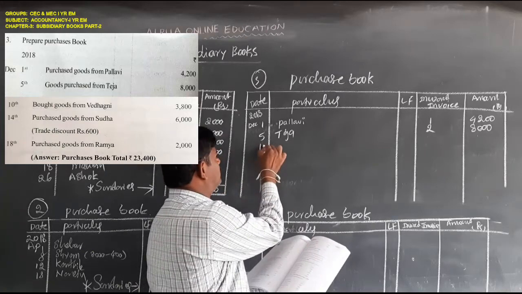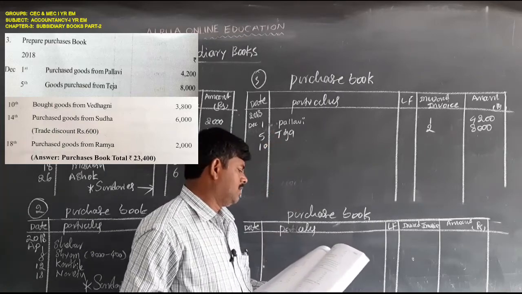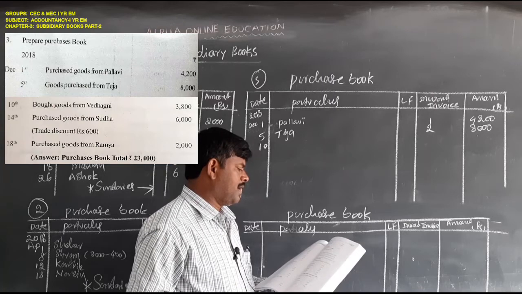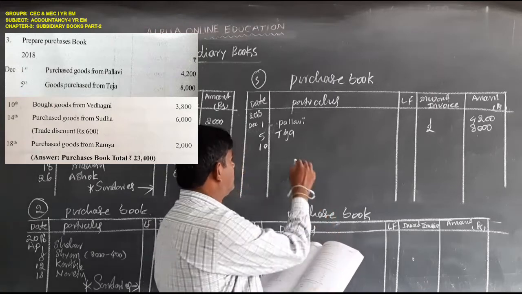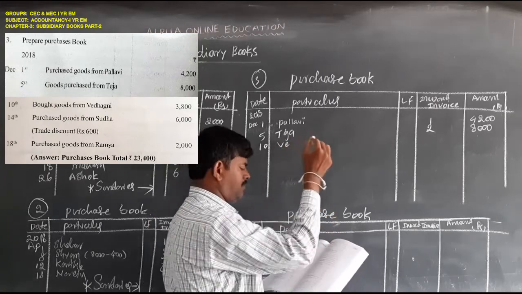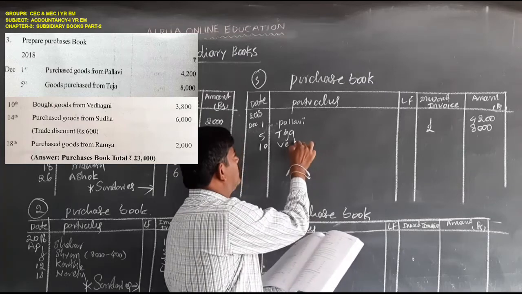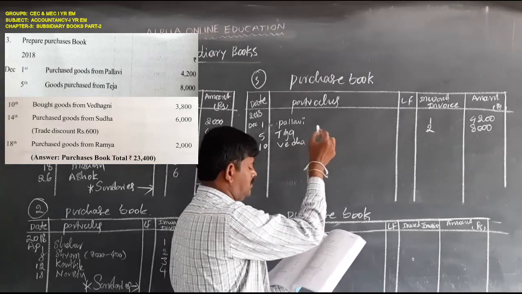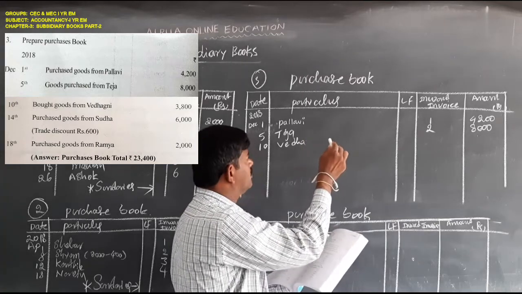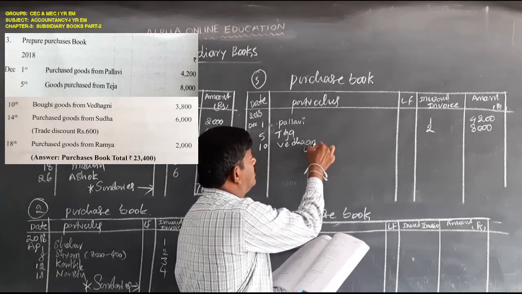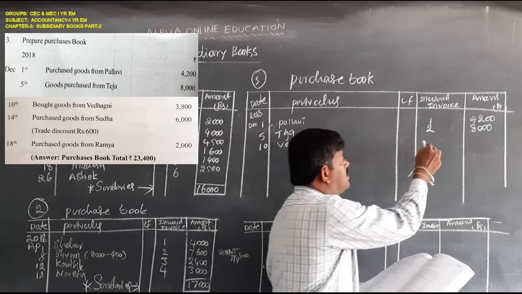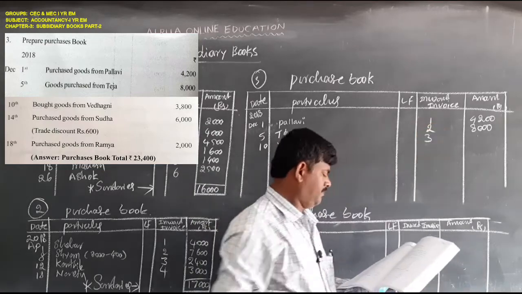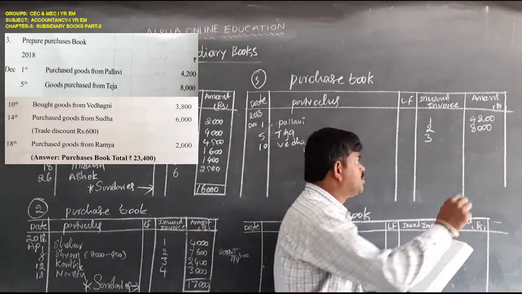Next, 10th, bought goods from Vedangi, invoice number 3, amount is 3,800.